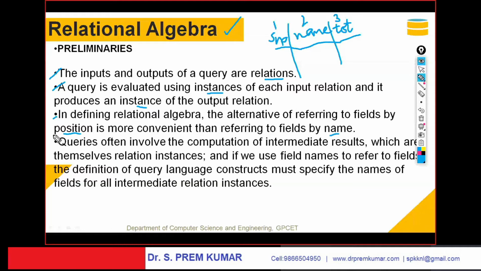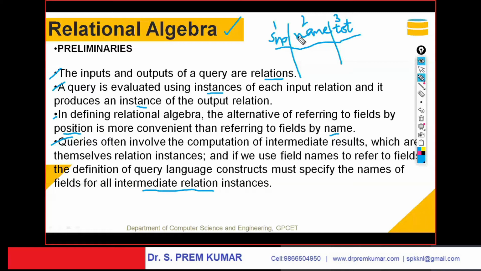Queries often involve the computation of intermediate results, which are themselves relation instances, and if we use field names we specify the names of fields of all intermediate relation instances. Suppose I want to perform some calculation on a table.